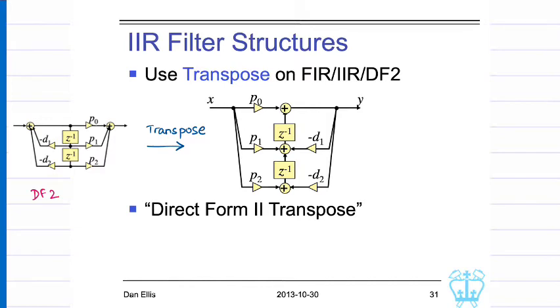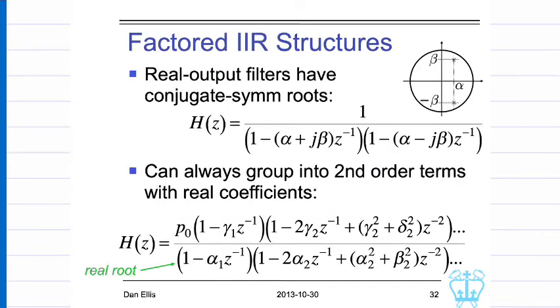I replace summations with dots and dots with summations, all the filters' inputs and outputs are reversed, x and y are reversed, and all the arrows are reversed. This is my DF2 transpose implementation.